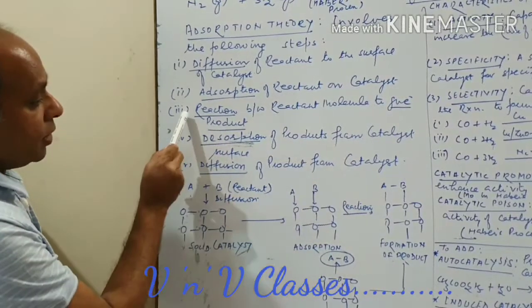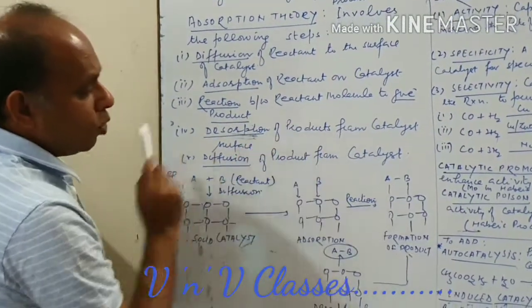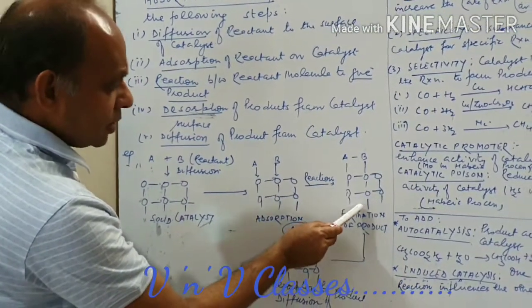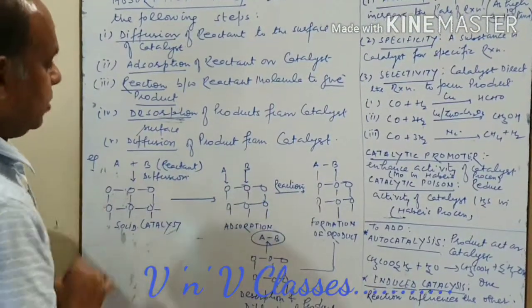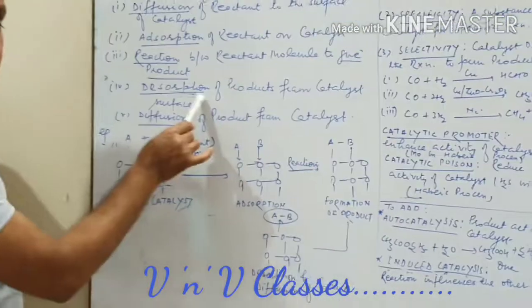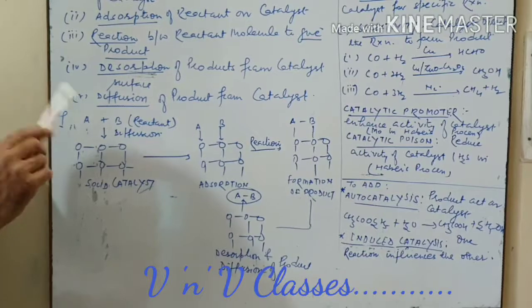Now, you just see the reaction. Reactants undergo reaction to form products. The product is formed on the catalyst surface and is still present on the surface of the catalyst. The next step is called desorption. Desorption is the inverse of adsorption.